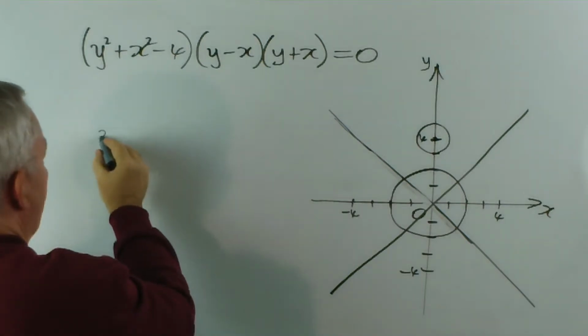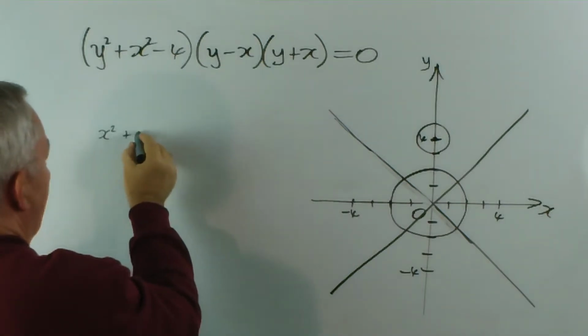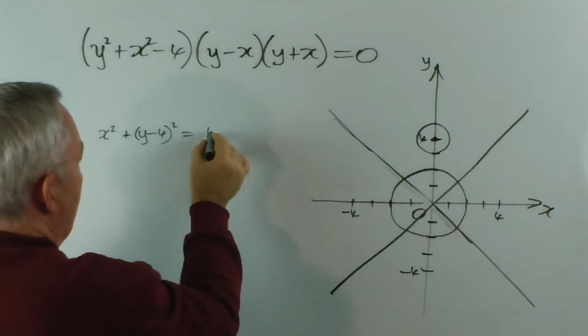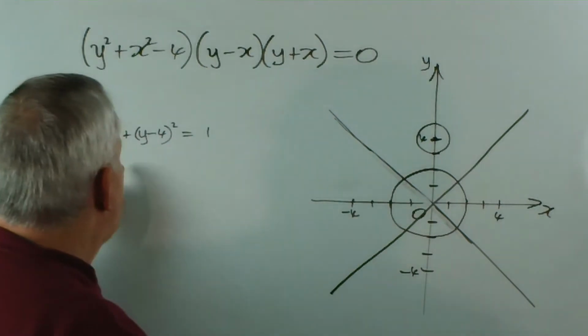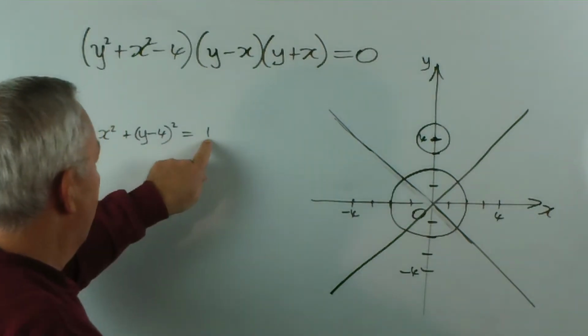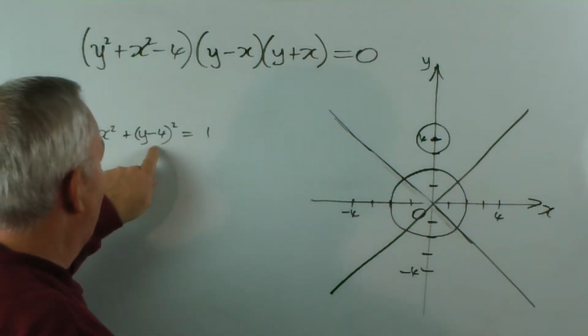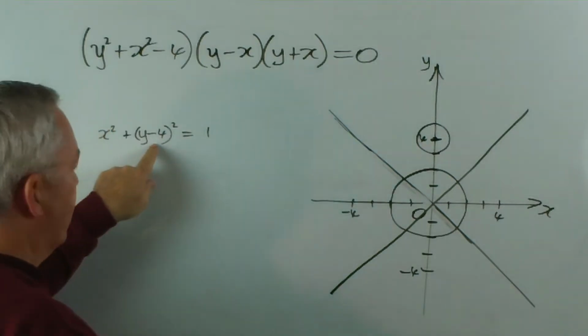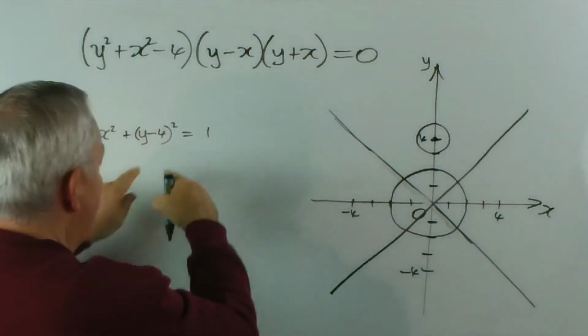Well, that circle would be x squared plus y minus 4 squared equals 1 squared. There's my pattern for the circle. The radius is 1, and by altering the y value by 4, you can see that y equals 4 will be the centre of that circle. So that circle is this.